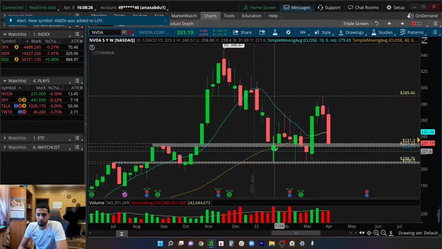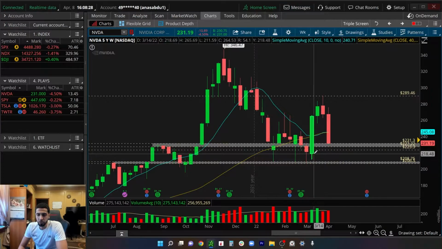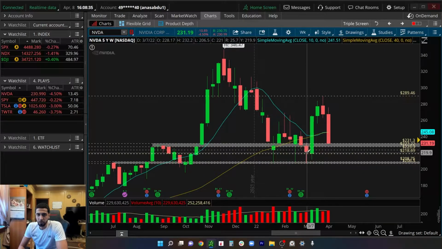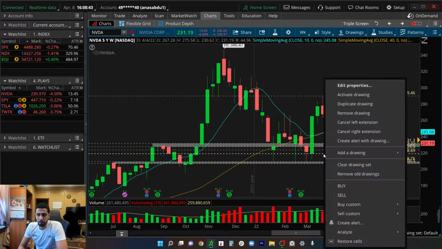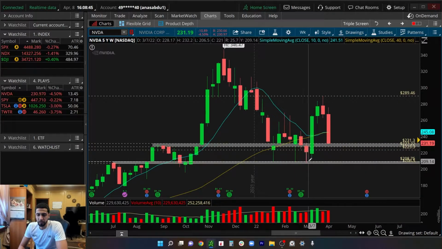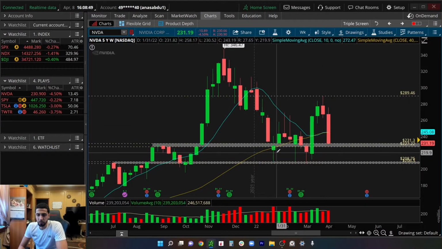And then you have this open, which is 223, and then this open is 218. And then you have this close of 221. Actually, I'm going to erase that and see if there's anything better on the daily for that. So 223, I don't need this right now.